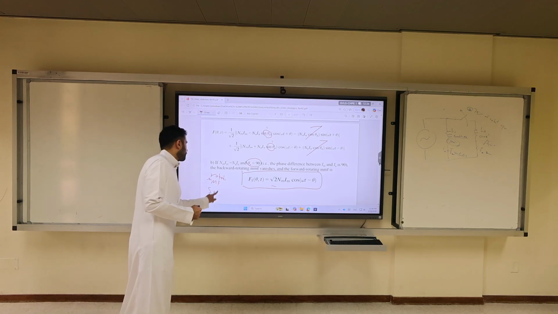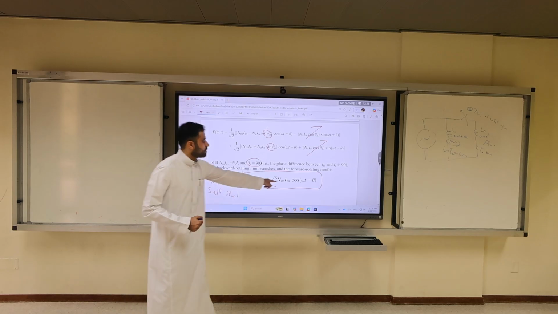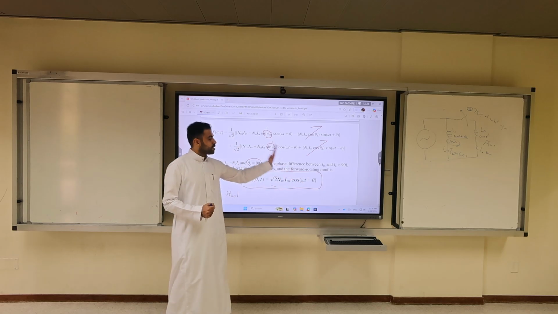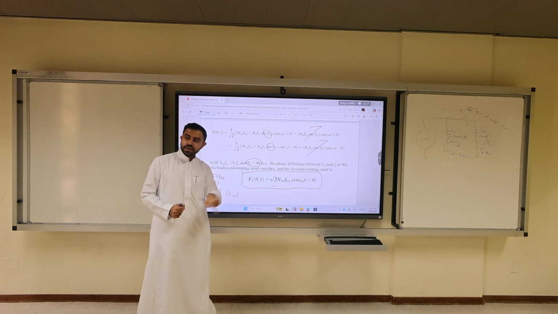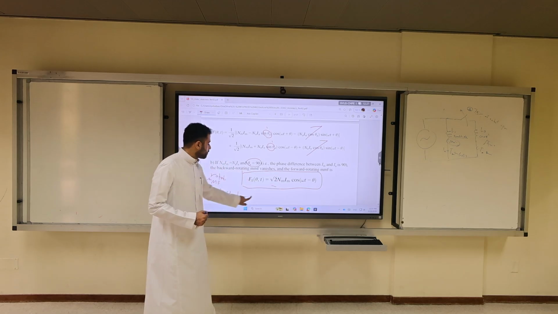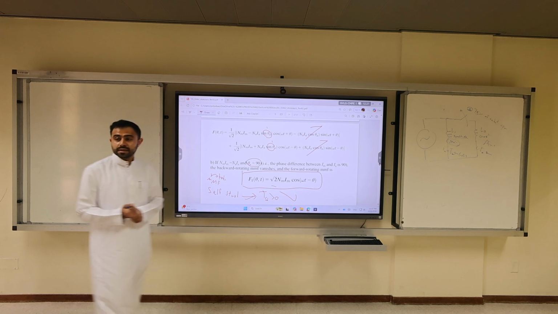It is self-starting. This rotates by itself as a function of time. At time 0, it will be a value. As long as you have a rotating MMF, your starting torque is not 0. So this implies that T start is greater than 0. So now we are here. Get it?